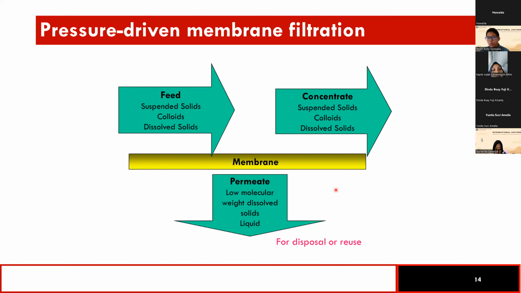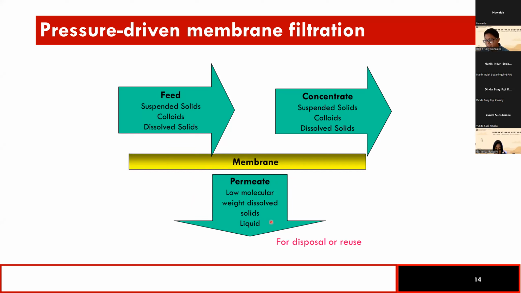Now, let me begin with pressure-driven membrane filtration. So we start with the membrane. So the membrane is here. And we start with a feed solution containing suspended solids, colloids, and dissolved solids. So using the membrane, the permeate, or the liquid or the fluid which goes through the membrane, will contain low molecular weight dissolved solids and the liquid.